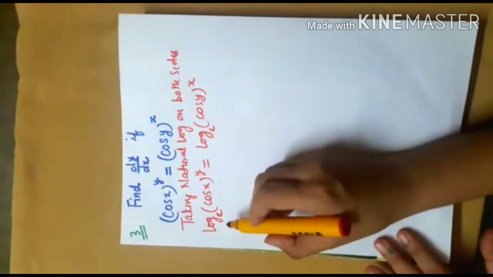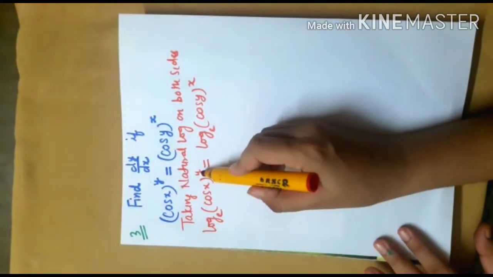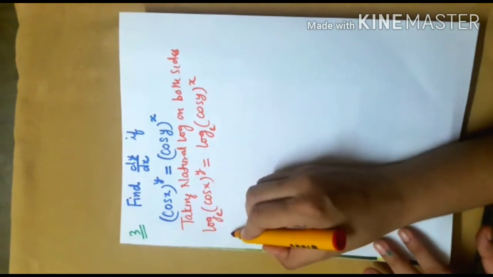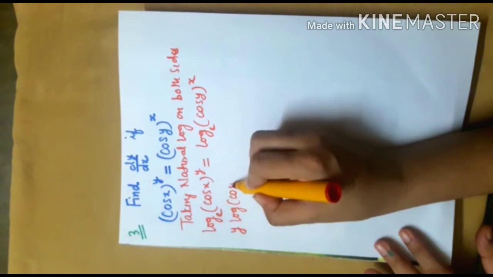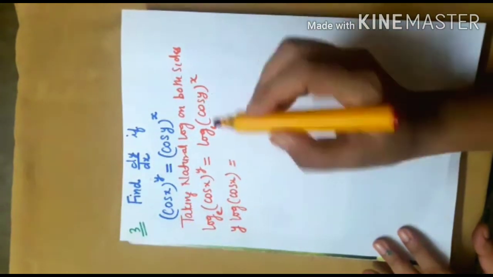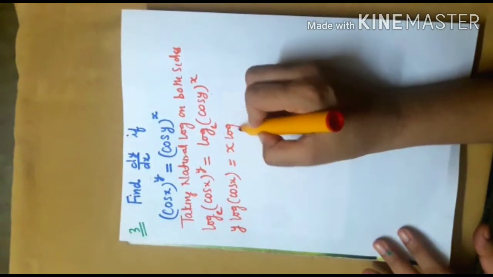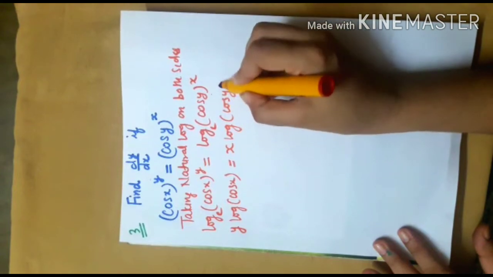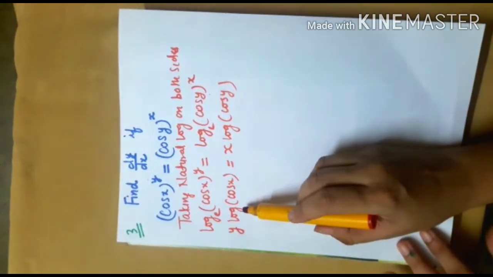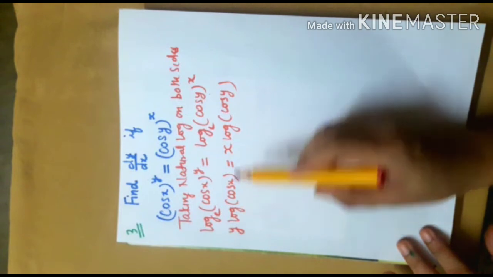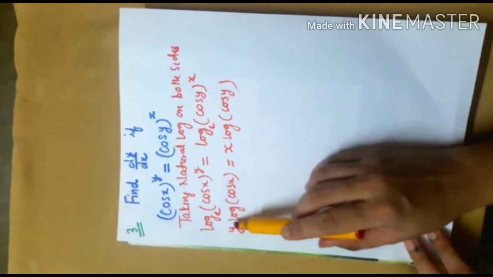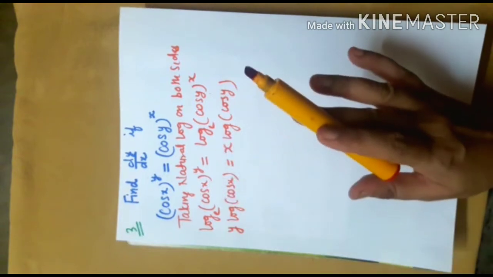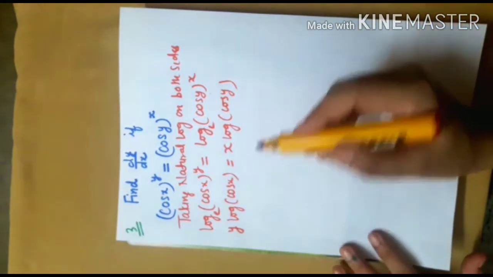Now by the property of logarithm, this exponent will come here. So I'll get y log cos x. Similarly in this, it will be x log cos y. I'm not writing the base e, so it should be clear that wherever I have taken logarithm, it is the natural log, that is to the base e.